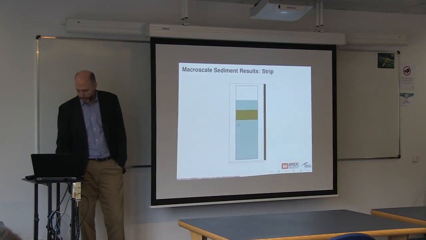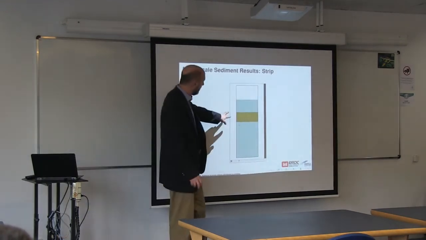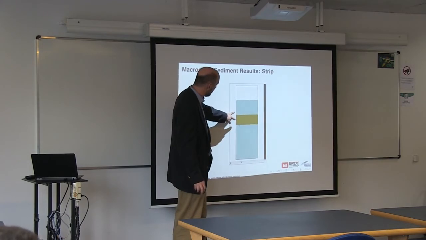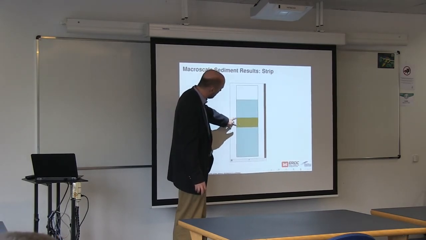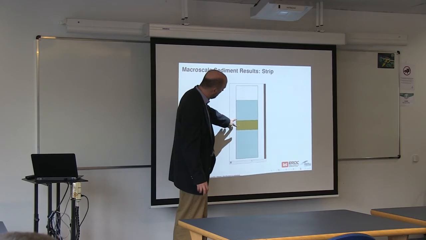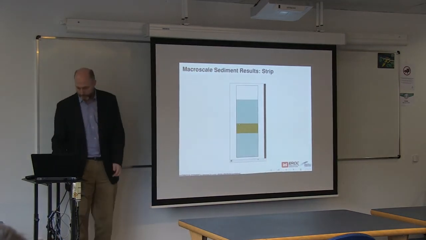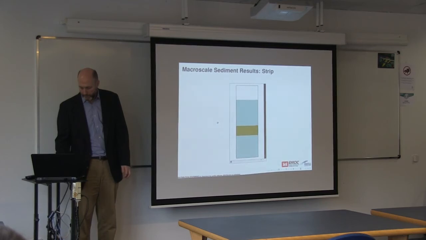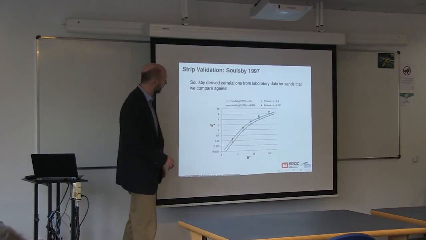So here's a simple example. We start with a strip of sediment at uniform concentration, and it falls more or less at a constant velocity. So not a very exciting problem, but it is one for which we have some data. And so this is a comparison.